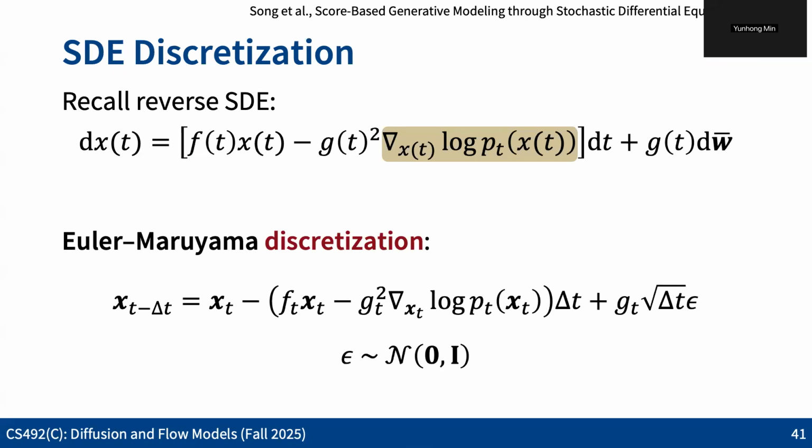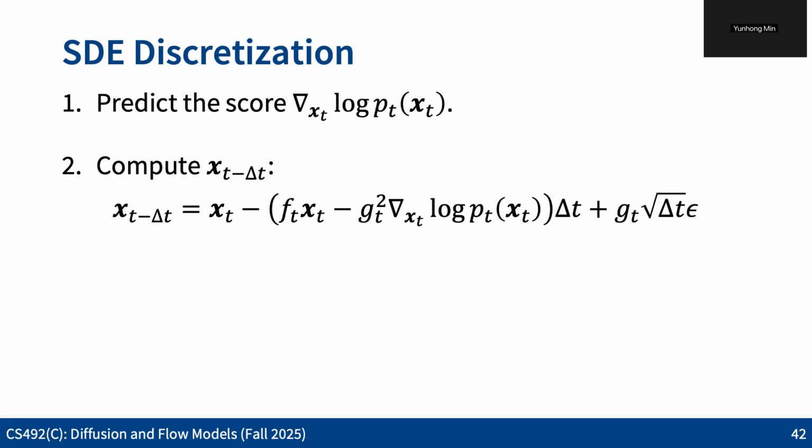We can discretize this SDE this way with some finite number of time steps. And the meaning of this formulation is exactly the same as what we are doing in the DDPM case. Every time when you predict the score, so when you have some noise predictor, we could ask how we can compute the score from the noise predictor, right?